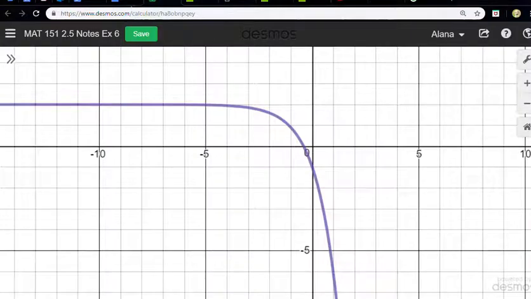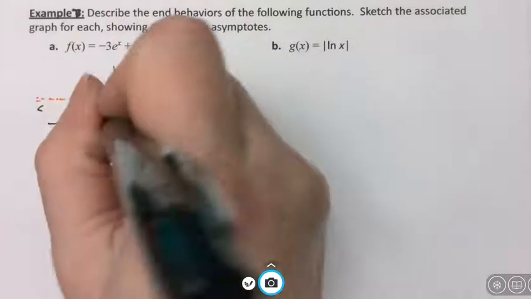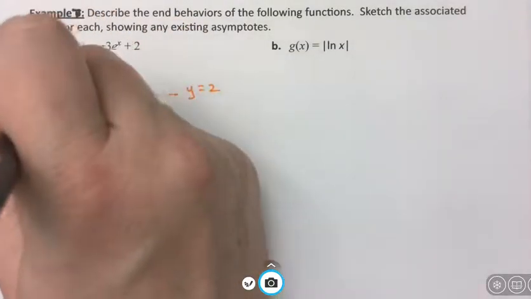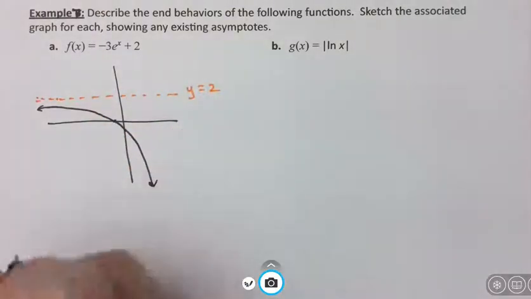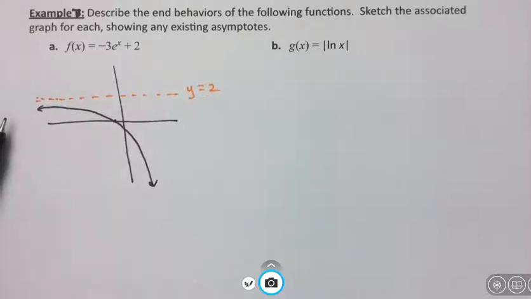Just below and just to the left. Okay, so kind of here and here. So I'm going to swing it through like that. Okay, so over on the left-hand side, we can see that the limit as x goes to negative infinity is 2. That's that horizontal asymptote. And then over on the right-hand side, we're going nowhere good.